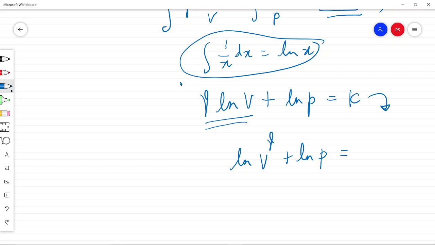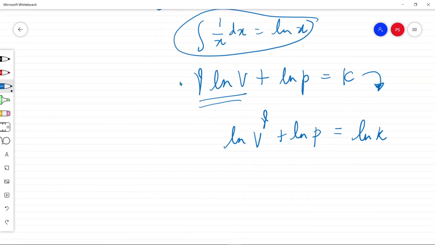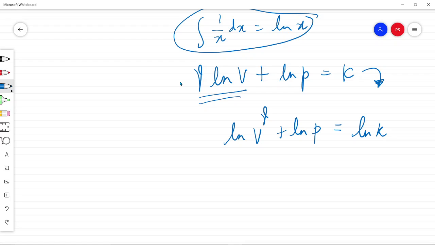Now let us replace this constant by any suitable constant and write it as log of k. This is what we do while taking integrations in order to simplify the mathematics further. Since k is a constant, log k is also a constant, so they both can be equivalent.